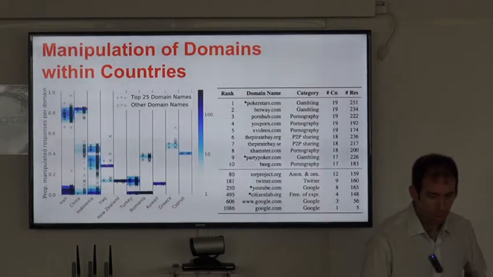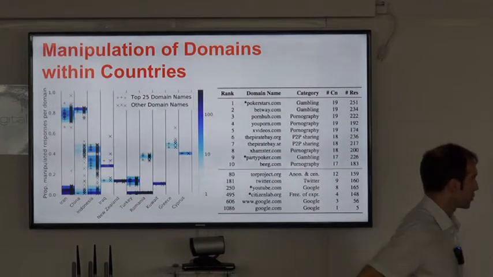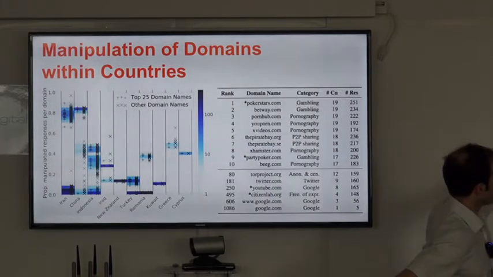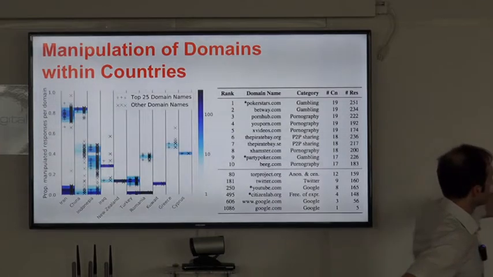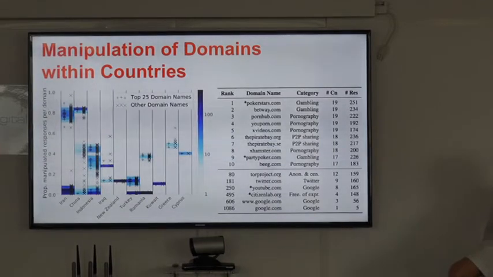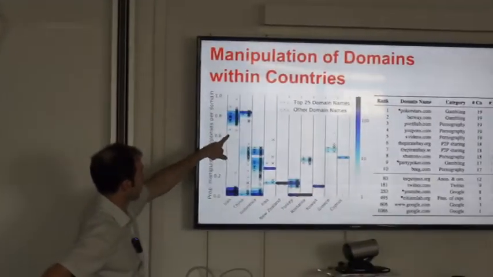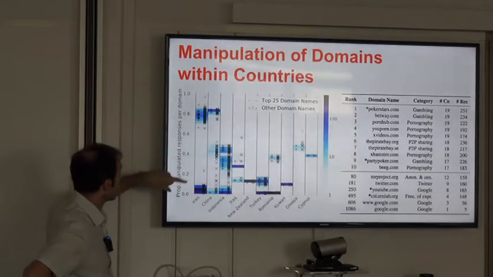Okay, last slide before I conclude. This shows results by different countries. Each vertical bar here is a country, so let's just focus on one country. Each point is a domain name. Let's focus on the pluses. Those are the Alexa top 25 domains in that country.